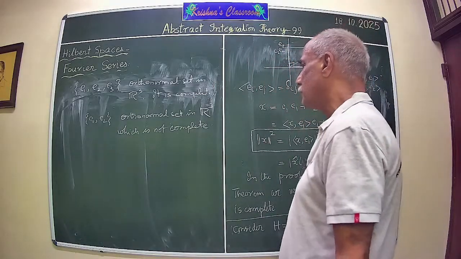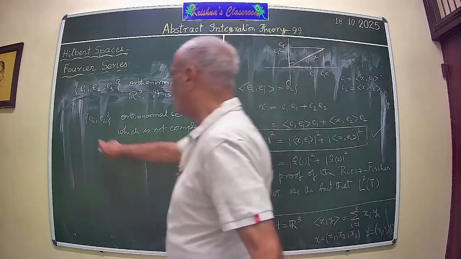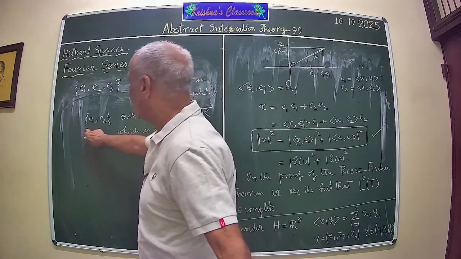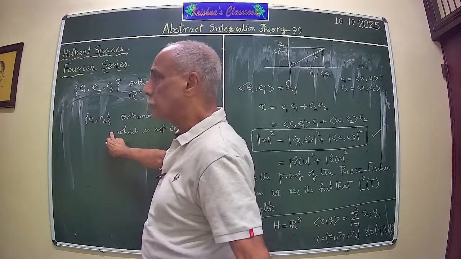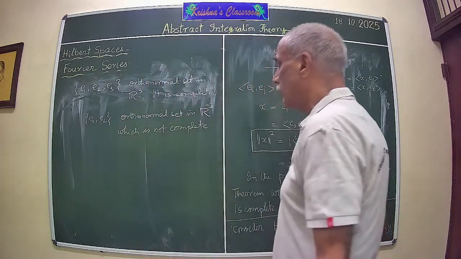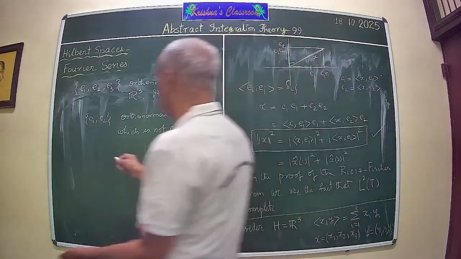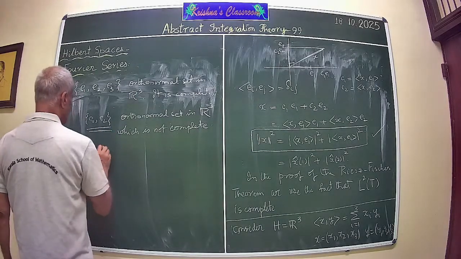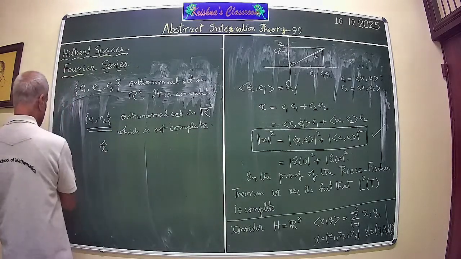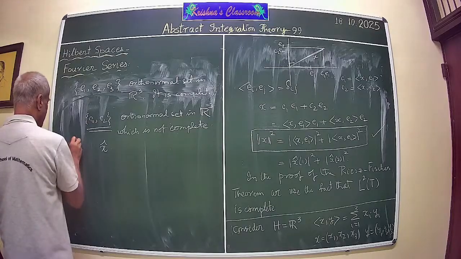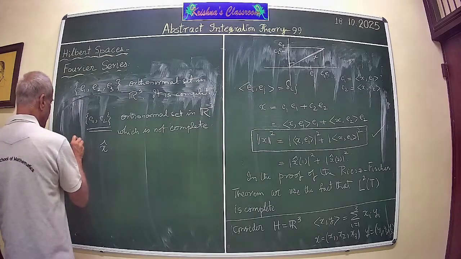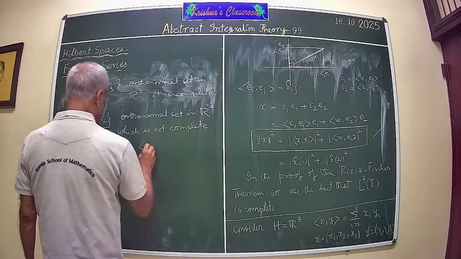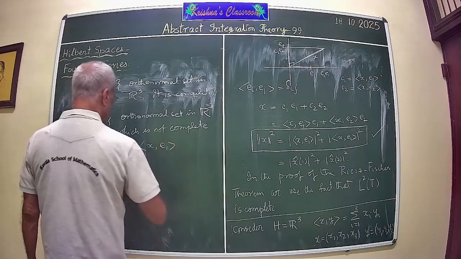So this is not maximal, therefore this is not complete, and you cannot use this to express an arbitrary vector in X. For instance, if you just use this one, you get x hat equal to the inner product of x with E1 times E1 plus the inner product of x with E2 times E2.